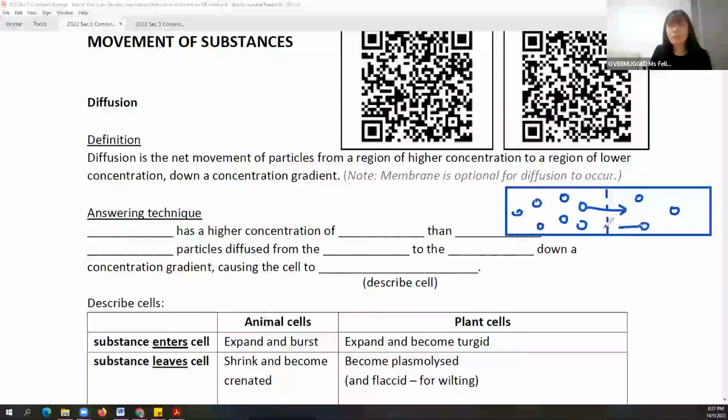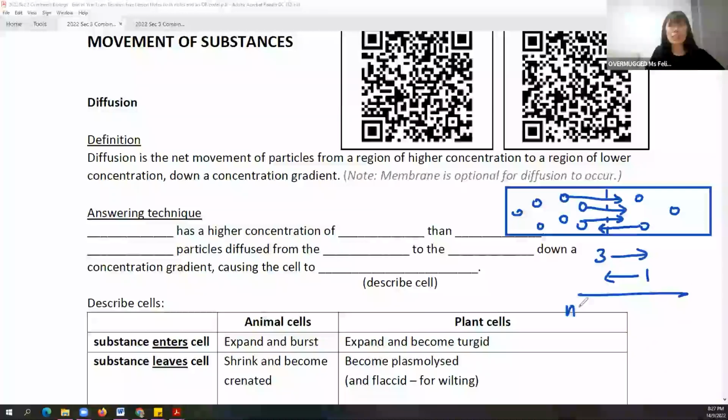But if I draw an arrow in the opposite direction, it is still considered correct, because as long as I have more particles moving down the concentration gradient from a region of higher to lower, you look at the overall: more of them are moving from high to low, and only one is moving from low to high.